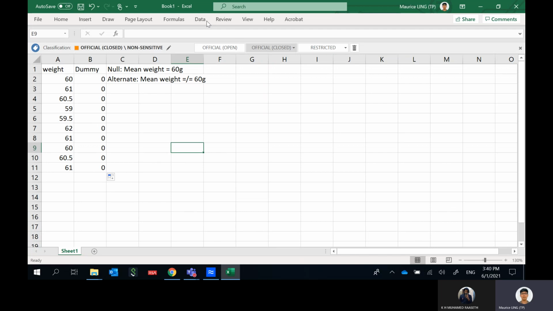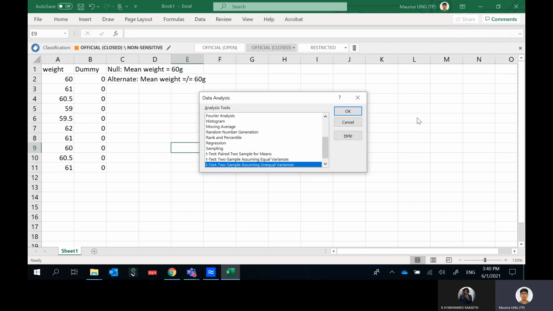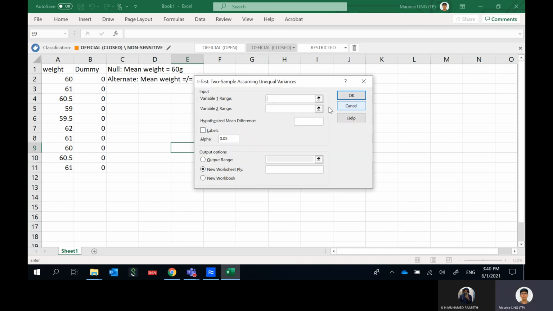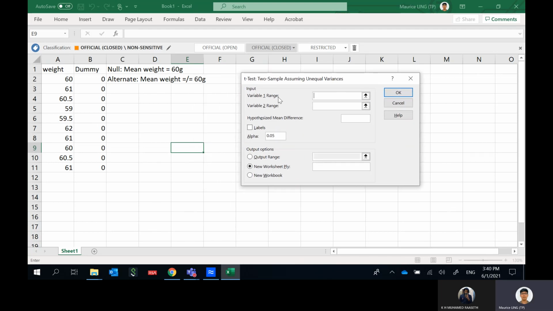Follow step by step. You go to data analysis and look at t-test two samples assuming unequal variance. For variable 1 range, you put your actual measurement, the weight. For variable 2 range, you put the dummy.